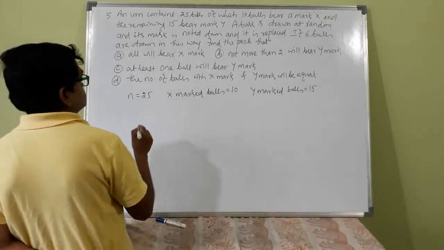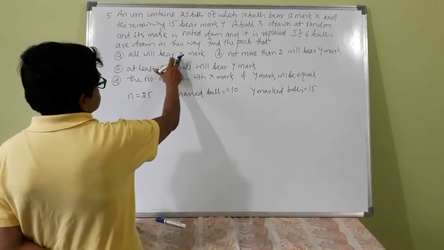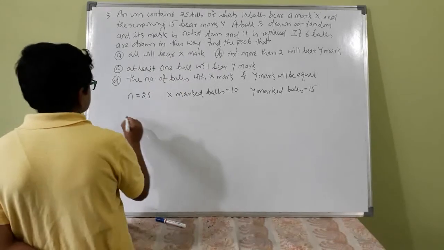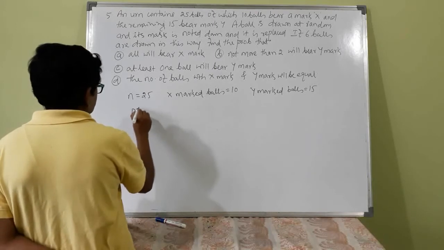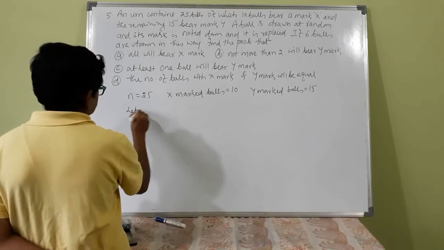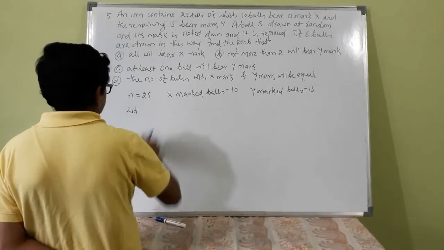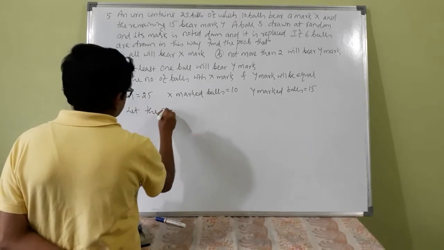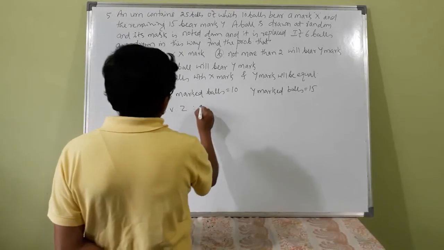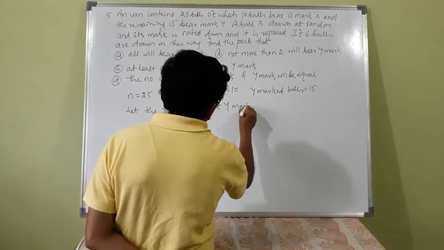Since X and Y are given, you have to define some other variable Z. Let the random variable Z be the number of Y marked balls.